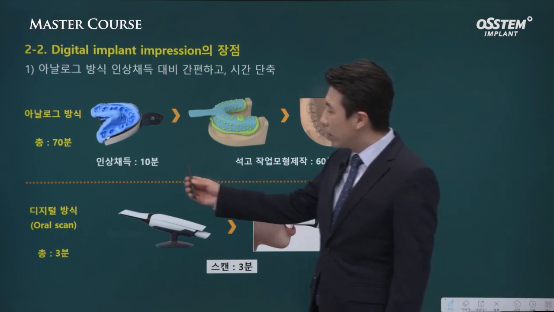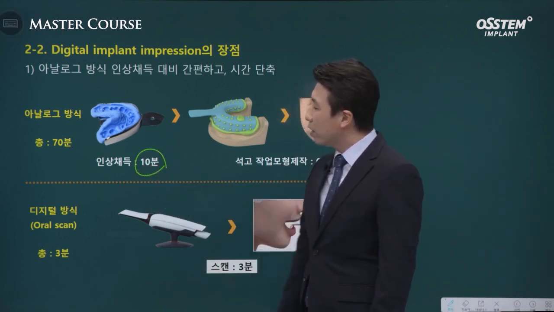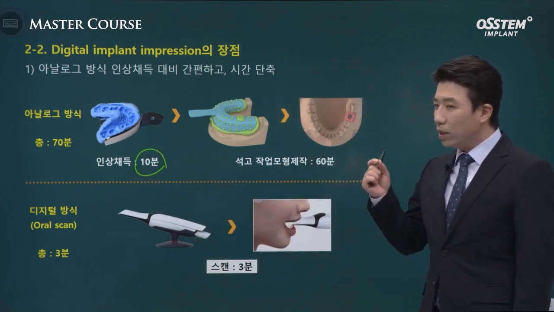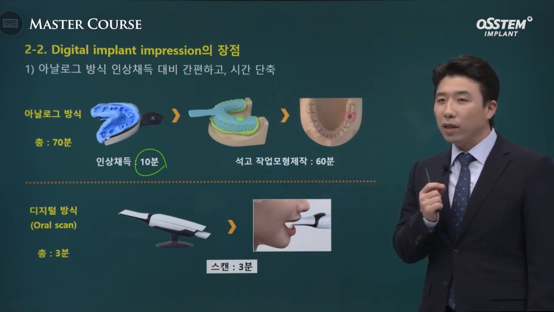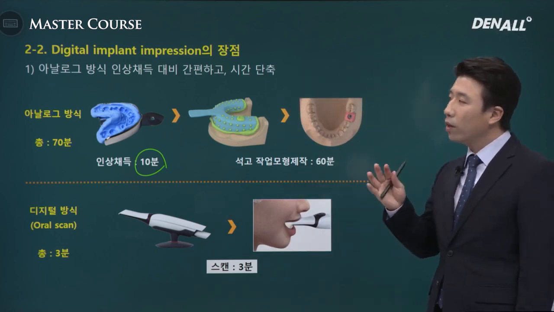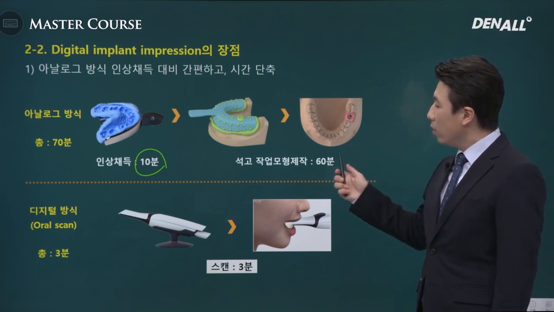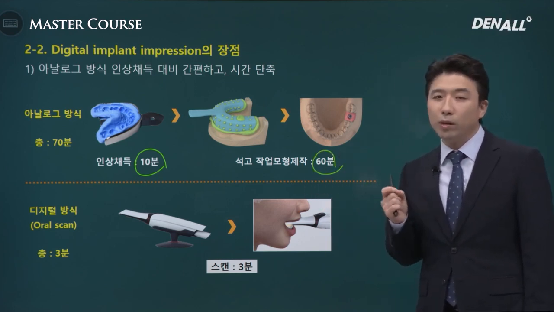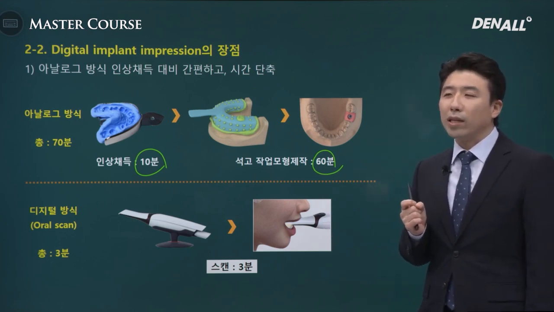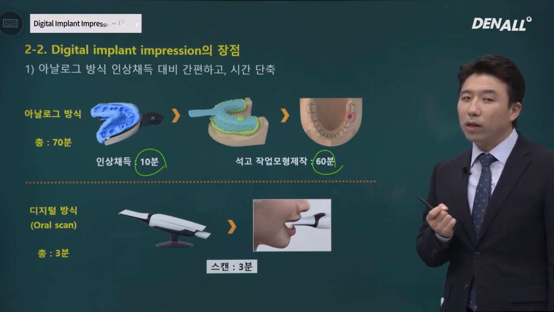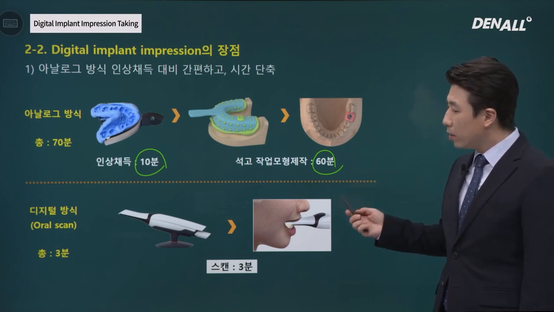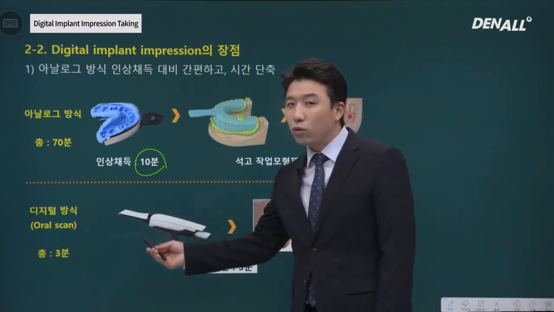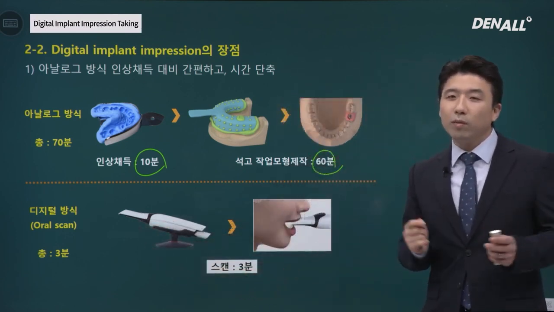Time saving can be achieved. It is simple. It takes 5 to 10 minutes to take an impression. Impression material setting time is required, so it can be 10 minutes, and we need to wait until the gypsum model sets, and sometimes we cannot obtain the model on the day, but the digital approach takes 3 to 5 minutes.